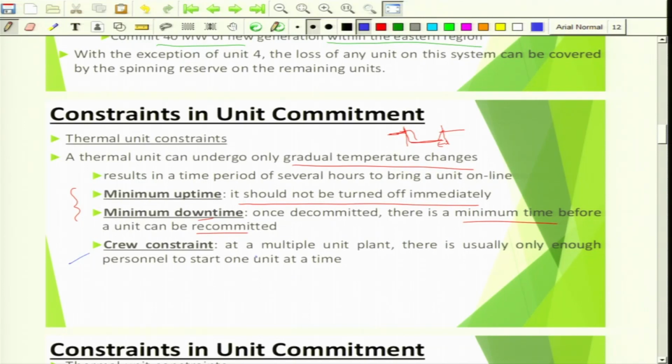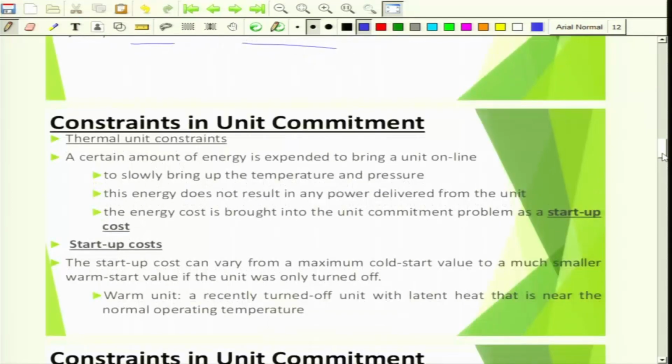In crew constraints, at a multiple unit plant, there is usually only enough personnel to start one unit at a time. There is a limitation of manpower also. So that is crew constraint. And a certain amount of energy is expended to bring a unit online. This is another important thing. If you turn off a system, it takes some time and some energy to bring it back, you need to heat up the boiler, it consumes some energy before it can come online and start feeding the power.